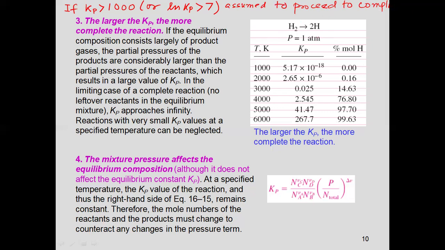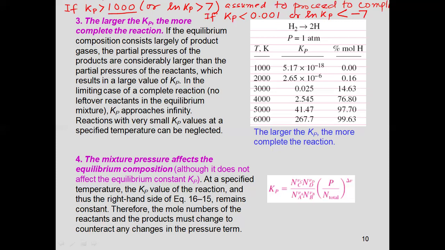Okay. Next, if Kp is less than 10 to the power minus 3, or ln of Kp is less than minus 7, then we consider that the reaction does not take place at all.